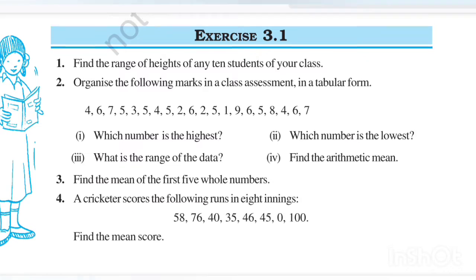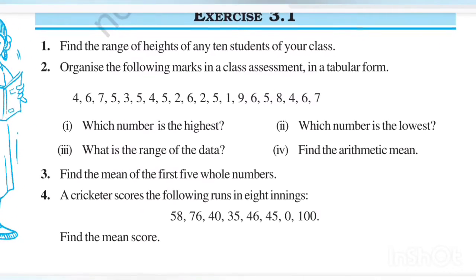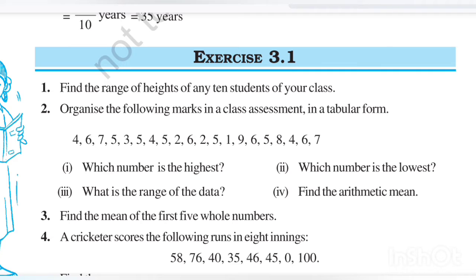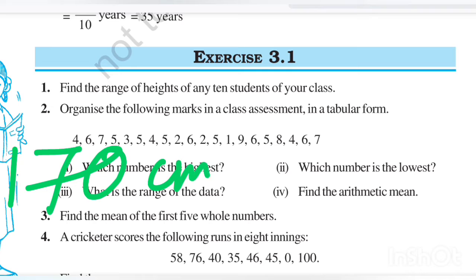Just wait. Find the range of the heights of any 10 students of your class. Now see, you have to find the range. Suppose the tallest student of your class is of height 170 centimeter, and the smallest height of a student of your class is 130 centimeter.